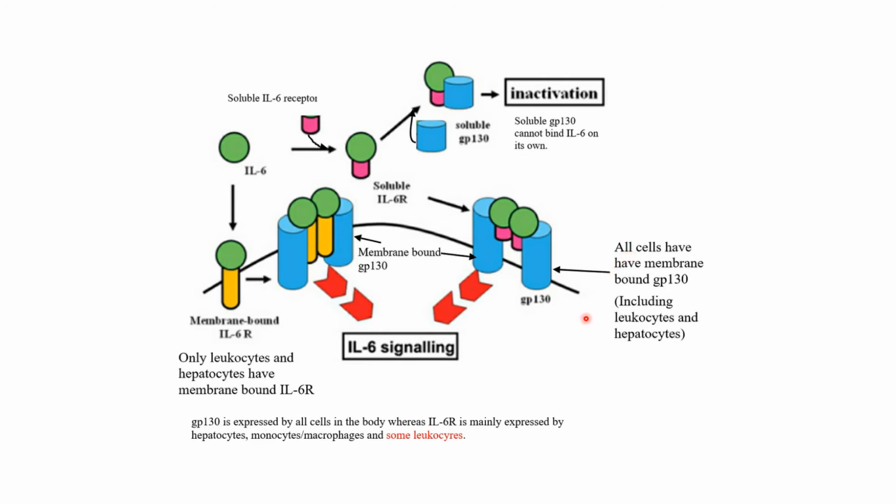All cells, including the leukocytes and hepatocytes, have this arrangement where there is no membrane-bound IL-6 receptor. What there is, is a soluble receptor in the blood, in the serum, in the body fluids, which binds IL-6. The two bound together, holding their hands together, join up with this GP130, and then there is signal transduction.